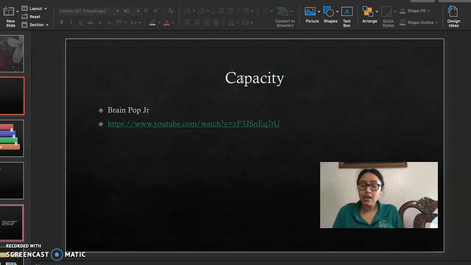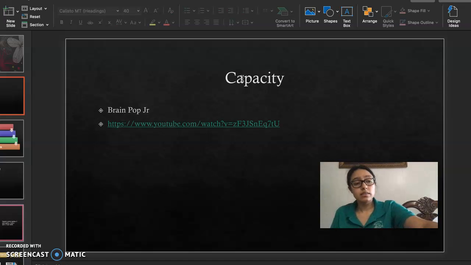What does that mean? Well, capacity is the amount a container can hold of something, of water, of anything you want to test your container, how much of something it can hold.